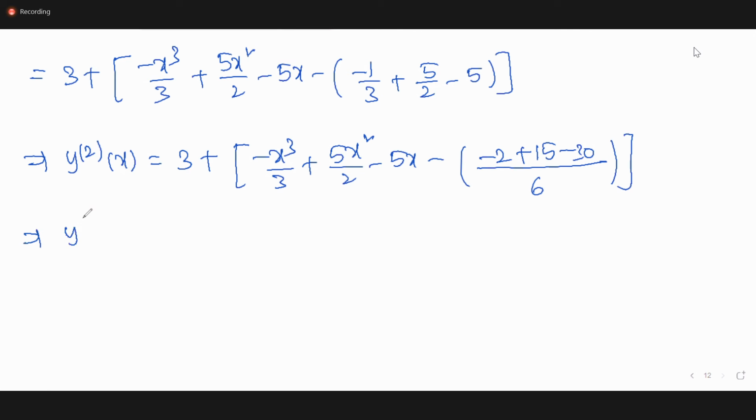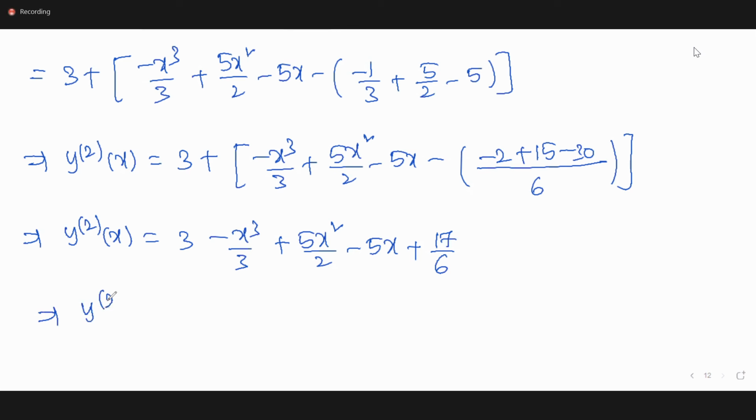So the second approximation is y2 of x is equal to 3 minus x cube by 3 plus 5x square by 2 minus 5x, minus 2 plus 15, 13, 13 minus 30, minus 17, minus into minus, so plus 17 by 6.